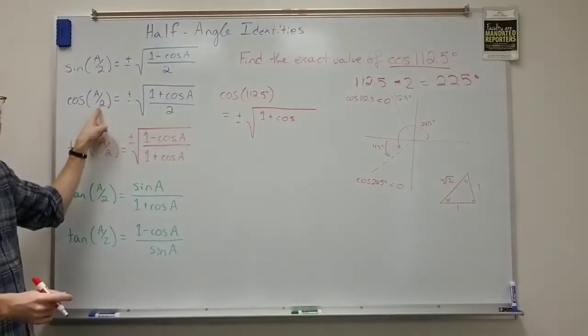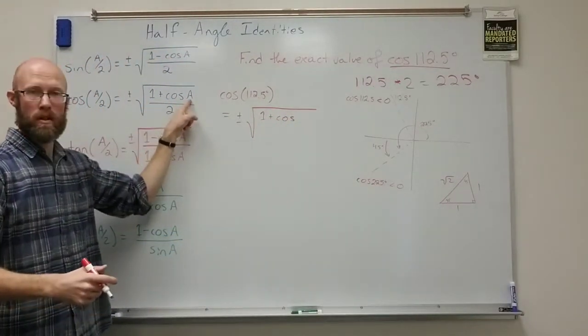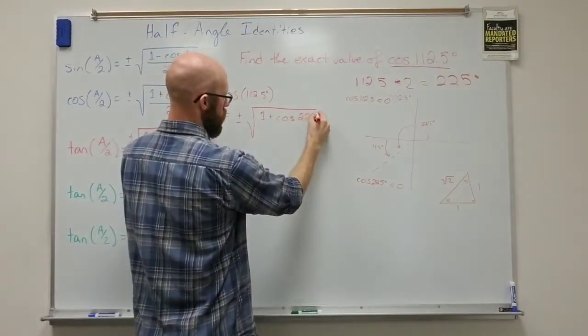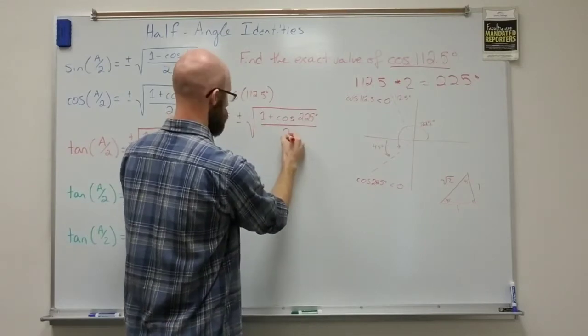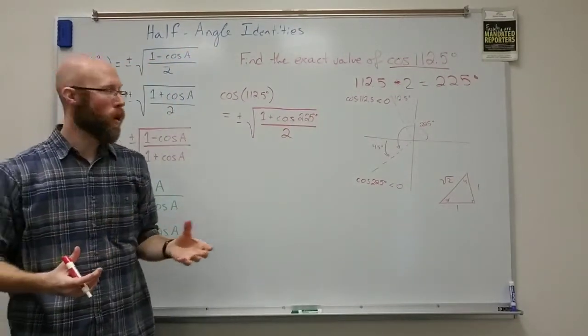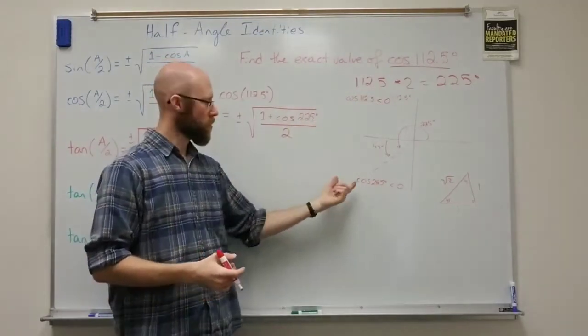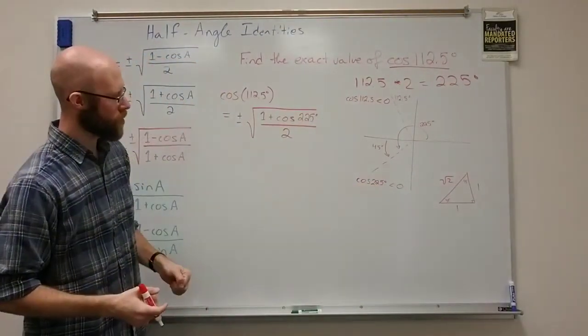Now if this is half the angle, then here I've got to put the full angle, which would be 225, all over 2. Now I need to know the quadrants of both A and A over 2, right?